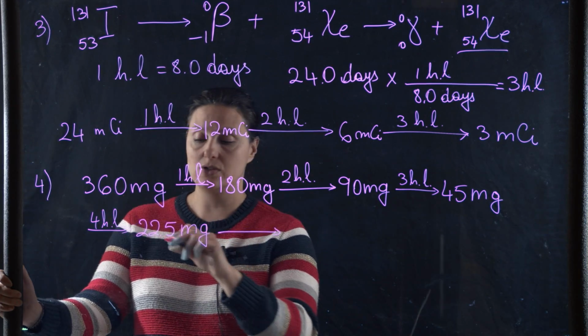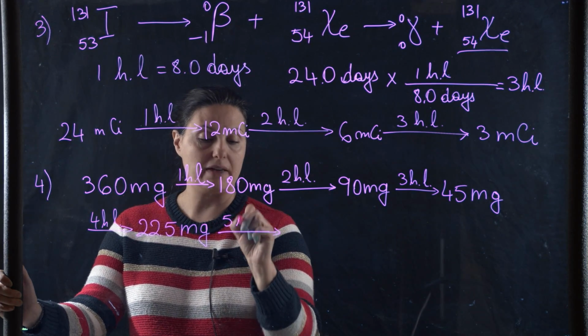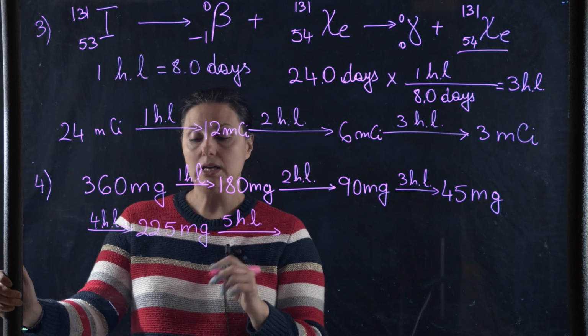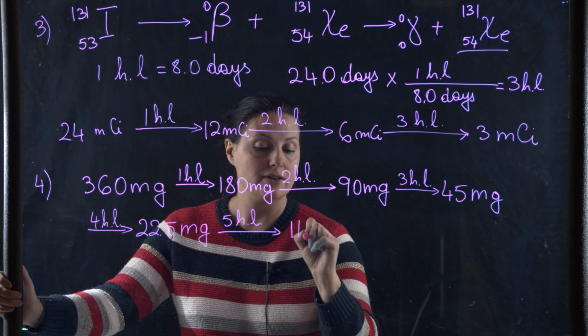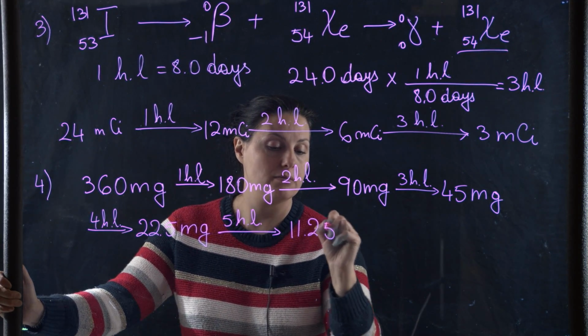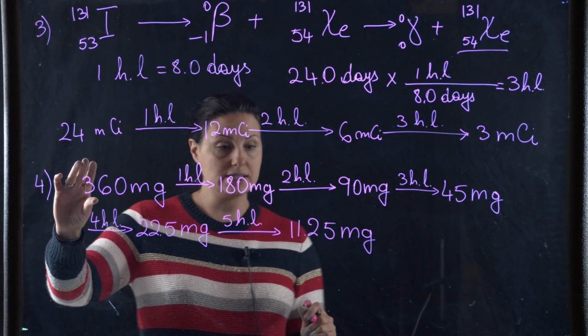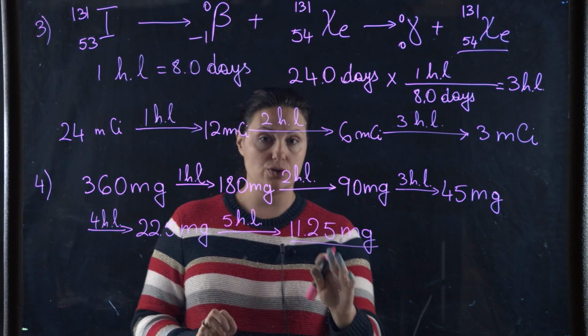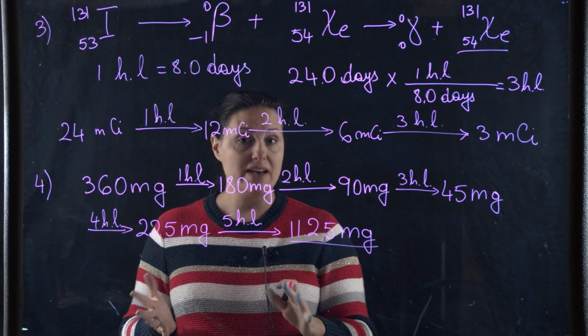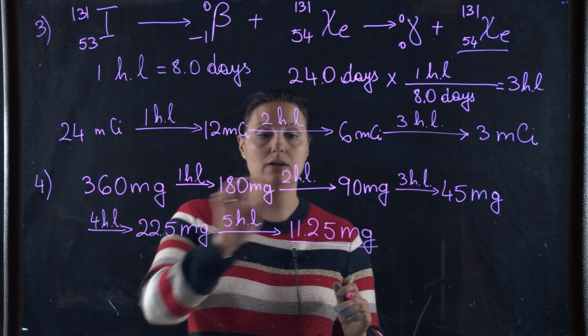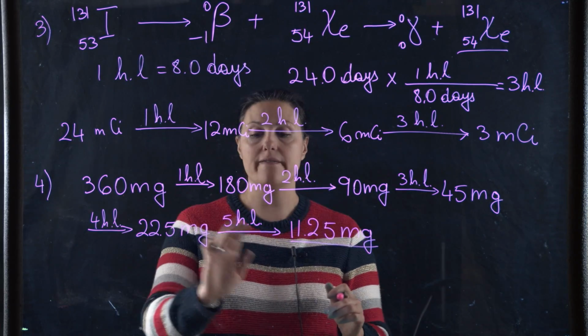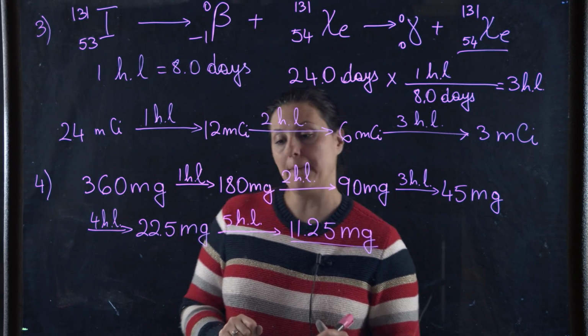If I take another half-life, my fifth half-life, I end up with 11.25 milligrams. So to start out with 360 and end up with 11.25 milligrams, 5 half-lives have to happen: 1, 2, 3, 4, 5 half-lives, okay?